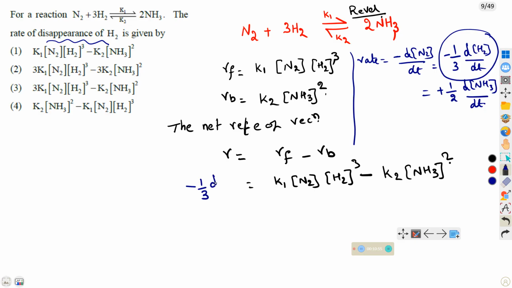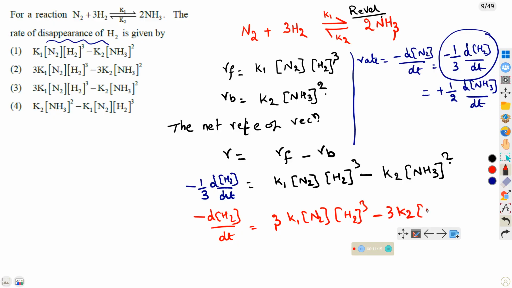But the question is minus dH2 by dt. Minus dH2 by dt is equal to 3 into K1 into N2 into H2 whole cube minus 3 into K2 into NH3 whole square. So second option is correct.